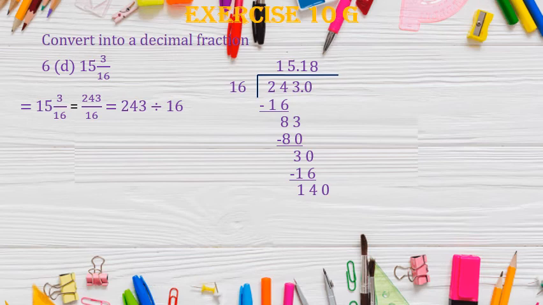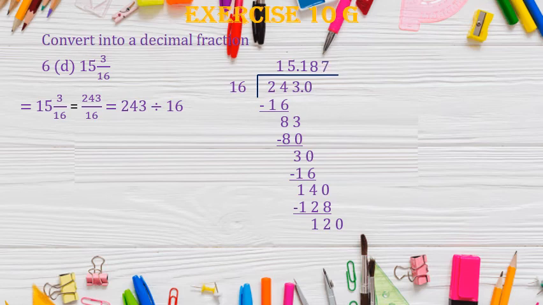So 16 8s are 128, and 128 subtracted from 140 gives 12 as the remainder, and we will write 0. We will add 0 to 12 so that it becomes 120, and now we divide 120 by 16.